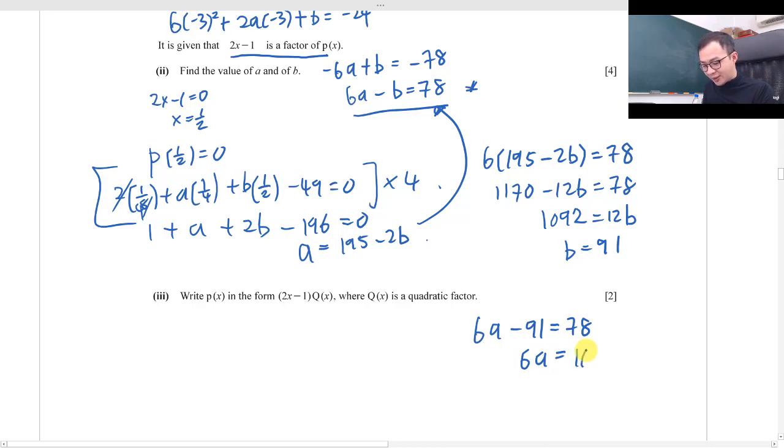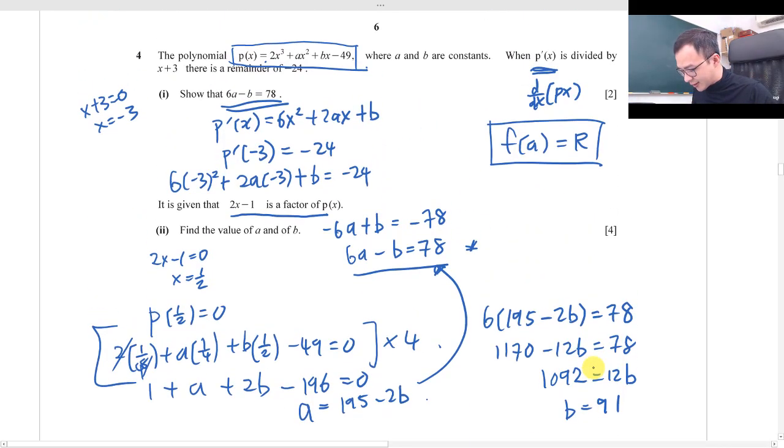So you get 196 divided by 6. Am I doing any mistake here? I hope not, because the number I get is a bit weird here. Yeah, it's 84 and 27. I guess I do make some mistake here.